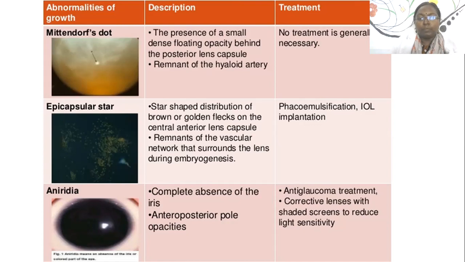Aniridia is the complete absence of iris. There can be anterior and posterior pole opacities. Treatment includes anti-glaucoma drugs, and corrective lens with shaded screens to reduce light sensitivity and prevent photophobia.